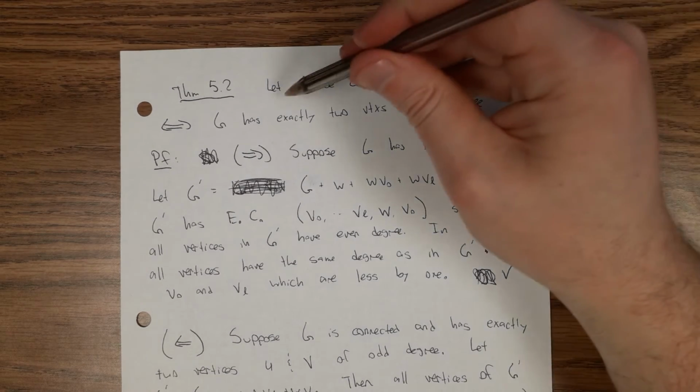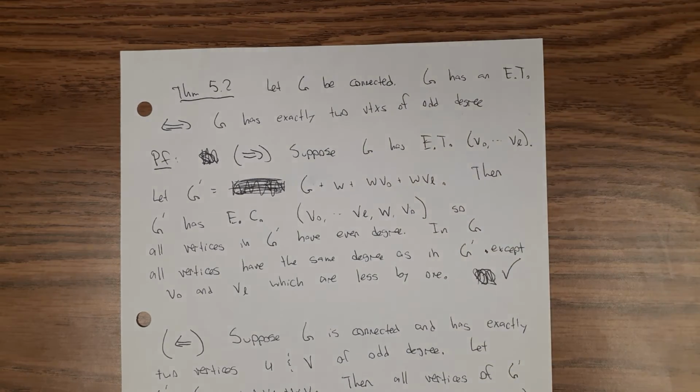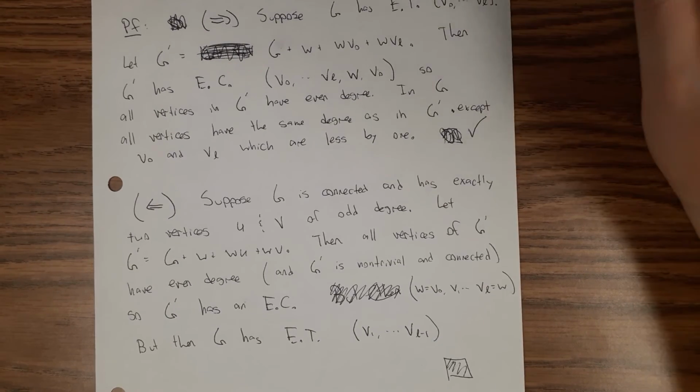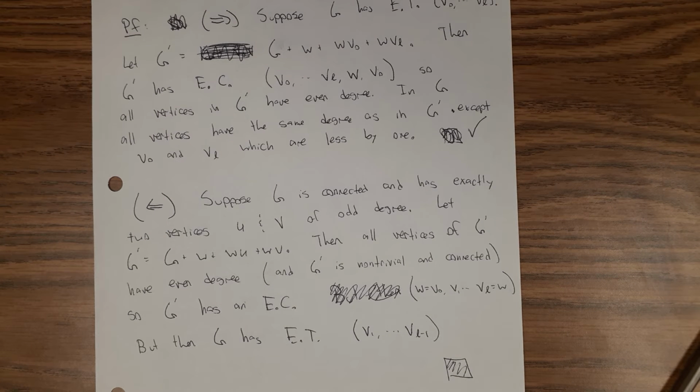And then my job is to show that G has an Eulerian trail. I'm going to use the same idea. The idea is basically just that the two vertices that have odd degree have to be the start vertex and the end vertex for an Eulerian trail.